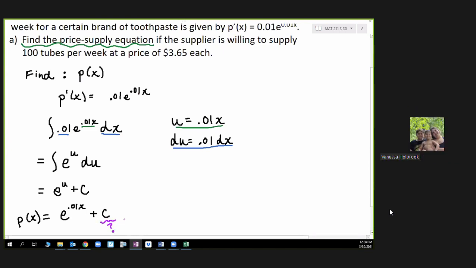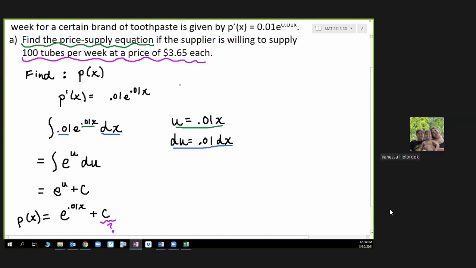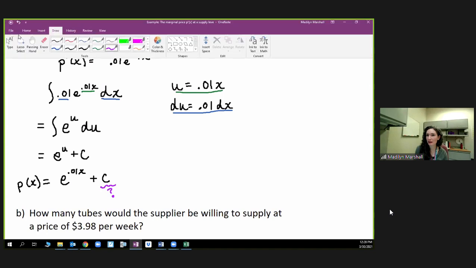I'll plug in 3.65 or 100. We need both. Hmm. Let me make a little extra room here.